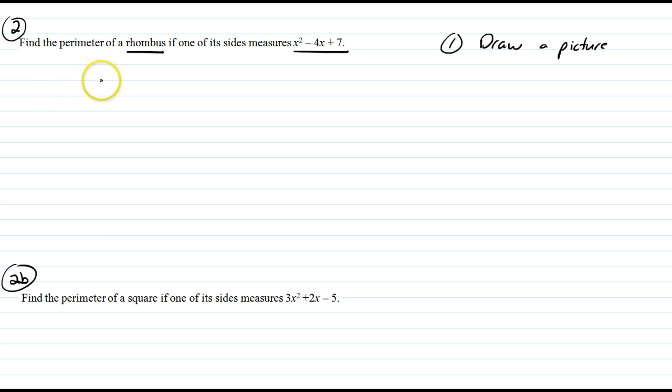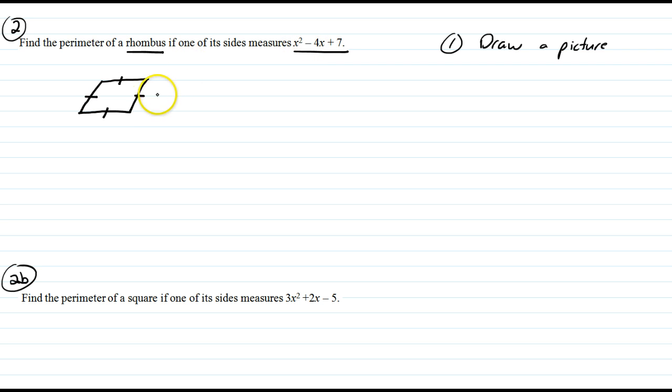So a rhombus, this is a horrible drawing, but it'll work, is basically, one way I hear people describe it is a crooked square. And so that means that all 4 sides are the same, but it's not a square because it doesn't have the right angles.